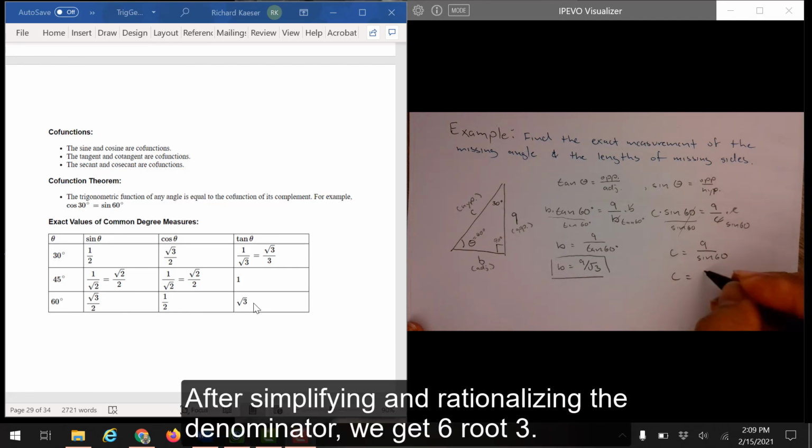After simplifying and rationalizing the denominator, we get 6 root 3.